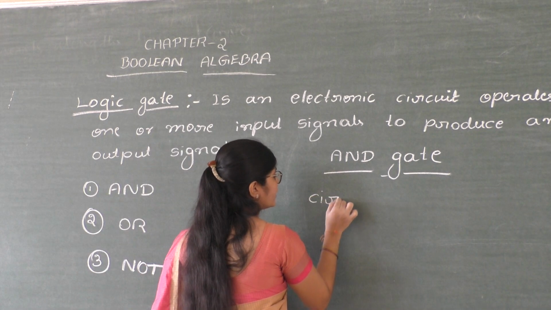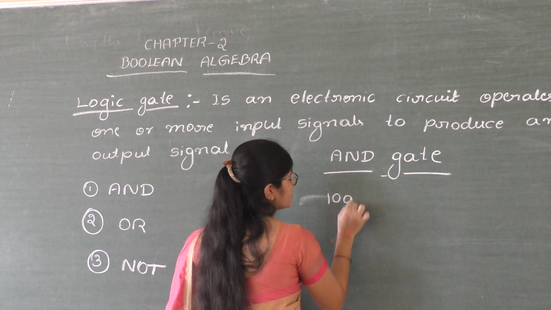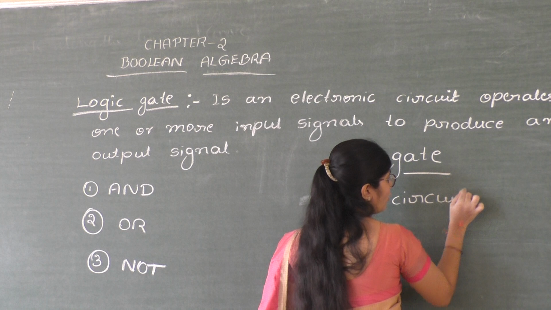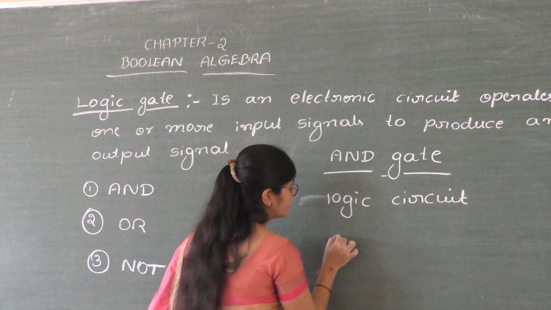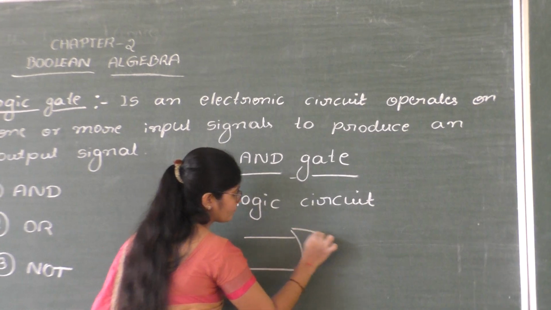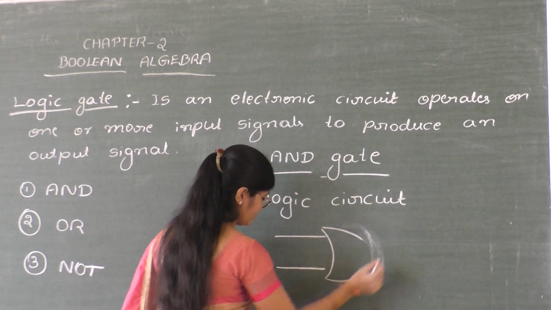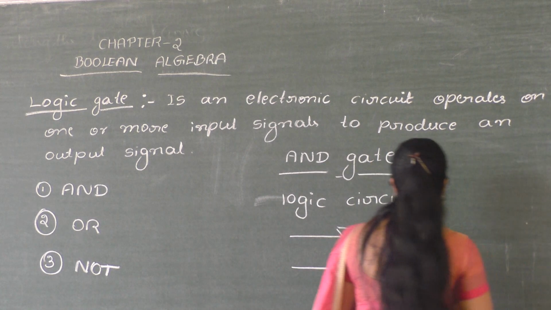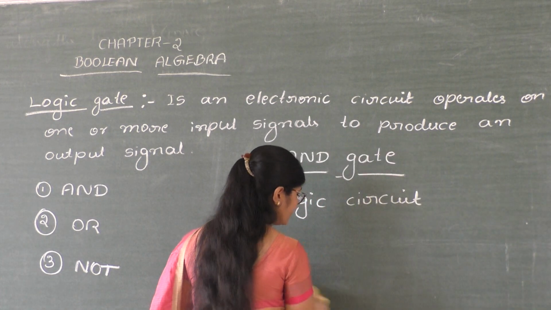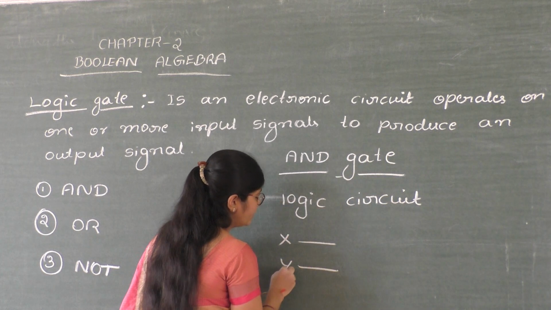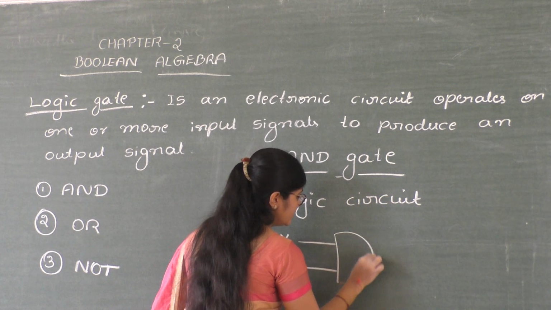The circuit diagram or logic circuit of AND gate with two input signals: X and Y are the two input signals.